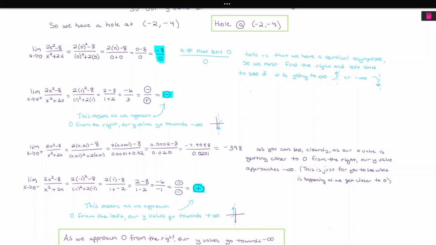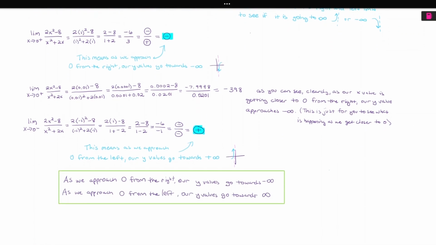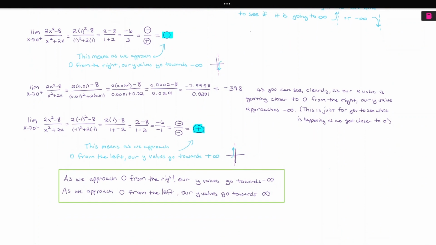So we have to find the right and left limit and see if it's going to infinity or negative infinity. So as we approach 0 from the right, I'm going to try plugging in 1, because it's just 1 above. And I get a negative over a positive, which is a negative sign. And this means as we approach 0 from the right, our y values go towards negative infinity.